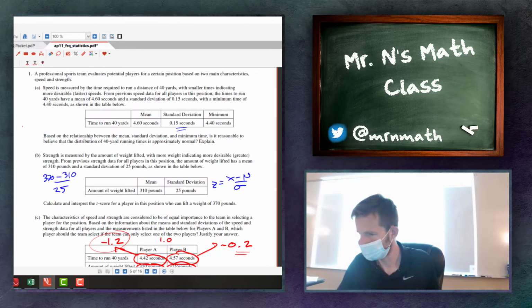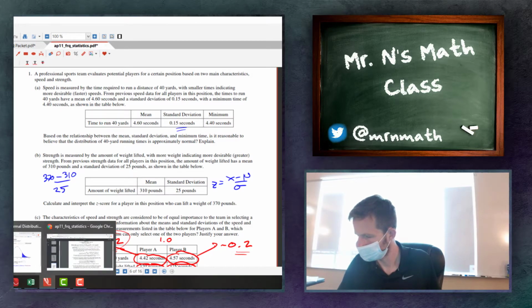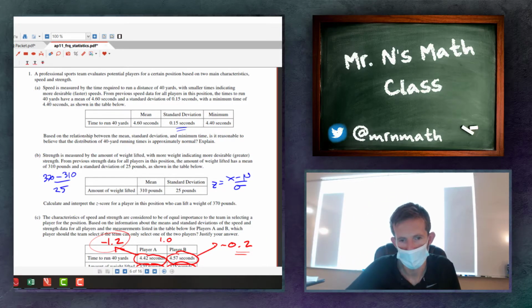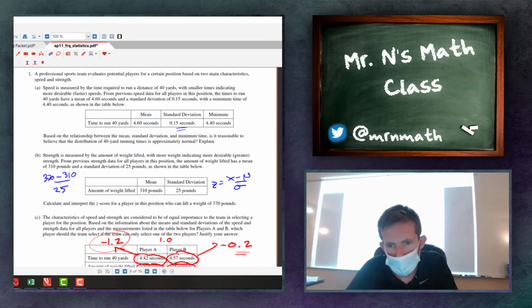Okay, so go to Socrative. Launch. So go to AP Stat 2021 and give it a whirl.